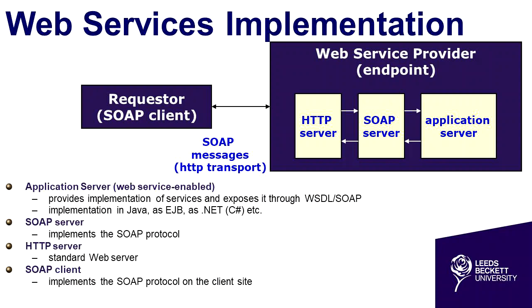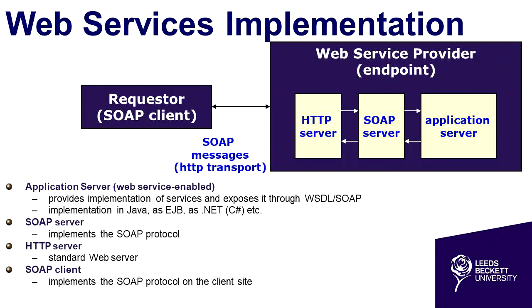It's a very simple way of being compatible: use SOAP messages. Simple as that. The web service provider provides the implementation of a service, as we know, and makes it available, or exposes it, meaning it makes it available to the users using WSDL and SOAP.